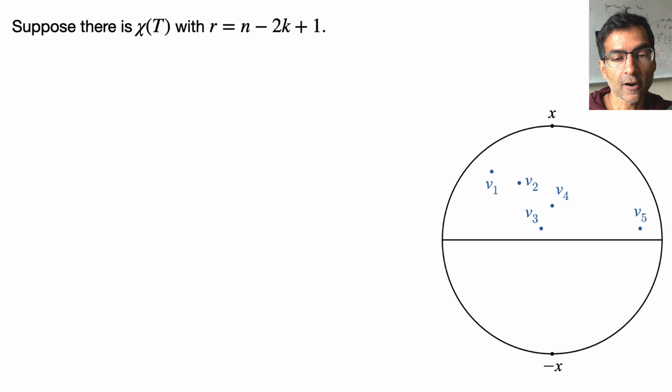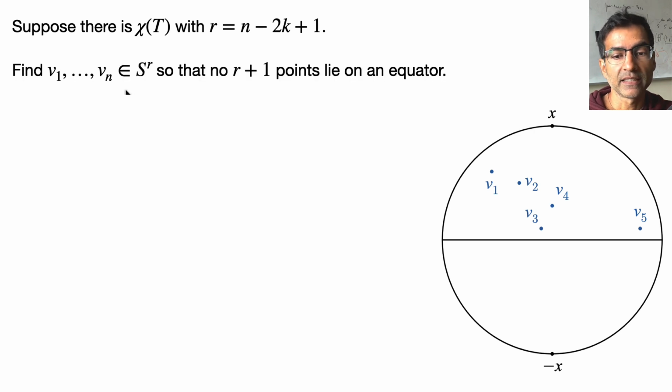Let's consider the r-dimensional sphere and take n points in that sphere, and choose the n points in such a way so that no r plus 1 points lie on an equator. So place n points on the sphere in such a way that no r plus 1 points lie on an equator. If you just place the points randomly on the sphere, then with high probability they will satisfy this condition.